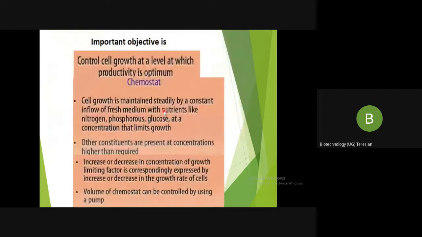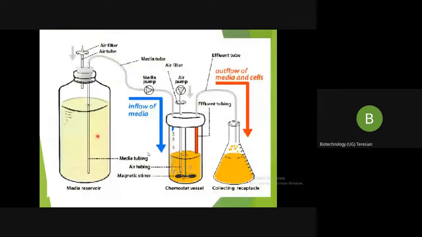If you look at a simple fermenter, this is the chemostat, which is a fermenter. Whenever we say continuous fermentation, why do we do it? Because I want steady state growth, which is not possible in the batch fermenter. What is steady state growth? I am going to keep my cells in the exponential phase itself. So this is your fermenter, and this is the media reservoir.